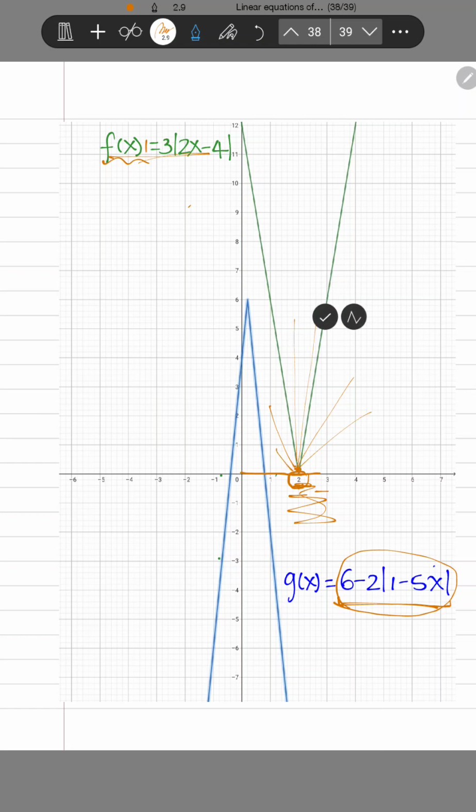This part is also covered in the section on the slope of a linear equation, the gradient or the slope. Now here, when we don't consider the absolute value, f of x is equal to 3 times 2x minus 4. F of x is equal to 6x minus 12.